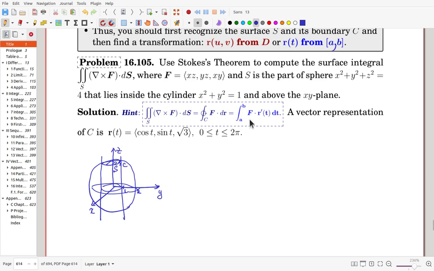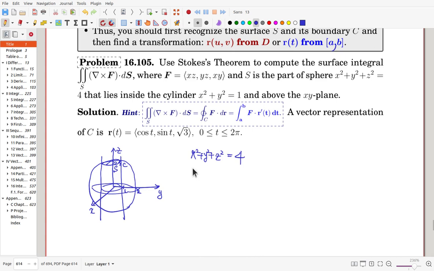If you want to get that one, then you have to get a parameterization. If we focus on this curve, this is a flat circle, and we have to find the height. How? From these two equations. The intersection is made from x squared plus y squared plus z squared equals 4. One equation is this one.